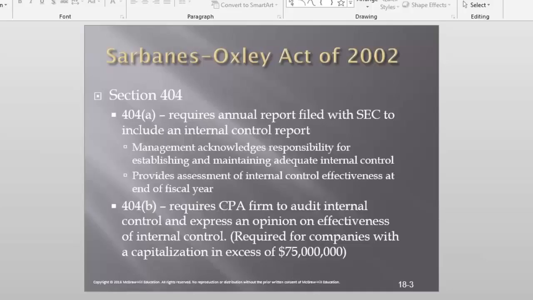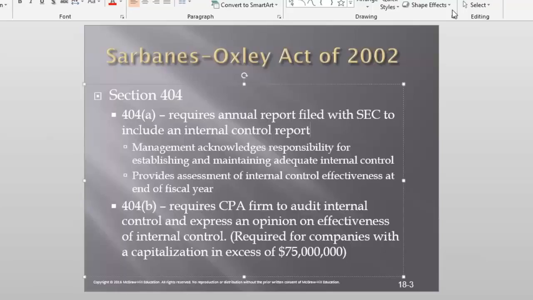Now, make sure that we understand this is when we are issuing an opinion specifically related to the internal controls. We're not issuing the opinion based upon the totality of what was taking place throughout the year, we are expressing our opinion based upon what took place as of the end of the year.